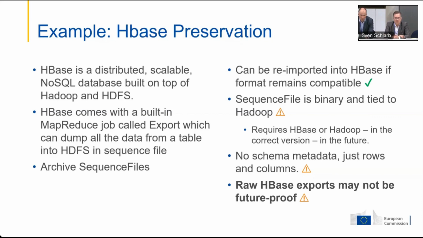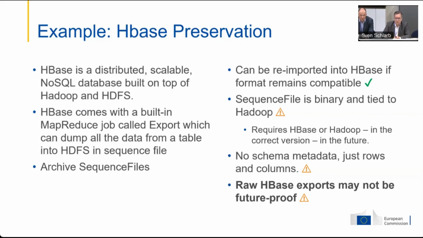So HBase comes with a built-in MapReduce job called export. If you think about, okay, I need to preserve this database, the first thing is to somehow get it out of the system. The possibility here would be to dump the data into so-called sequence files, and you archive the sequence files. Now, okay, who understands sequence files? Not everybody does, so you have a problem maybe.